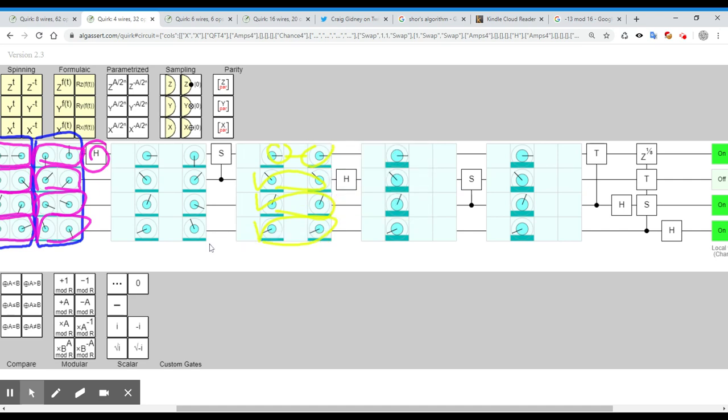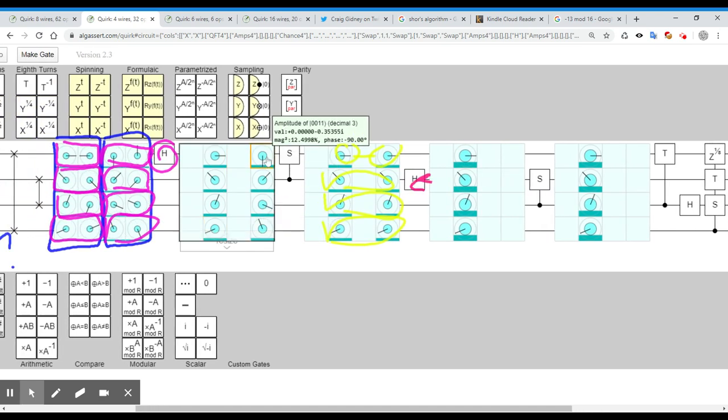But I think my previous explanations made sense anyway, right? This is applying a rotation where, that doesn't make any sense. This is correct.